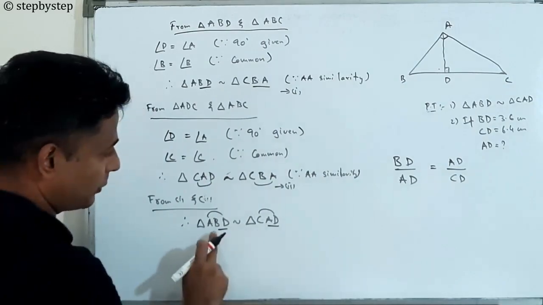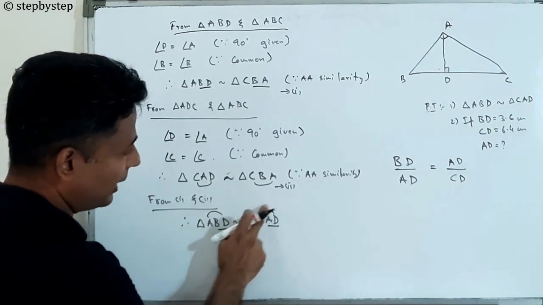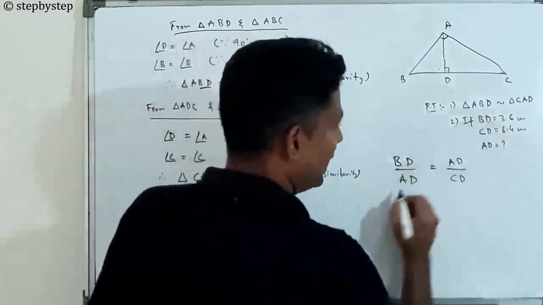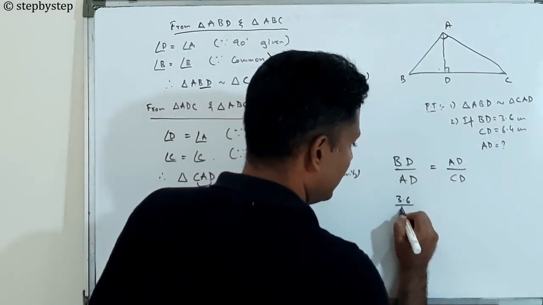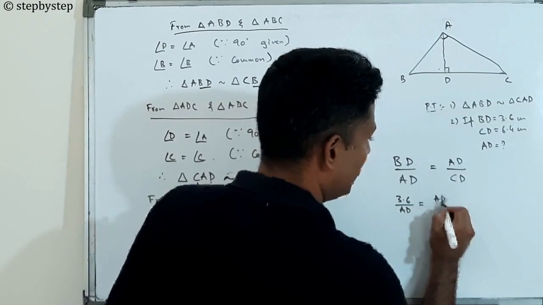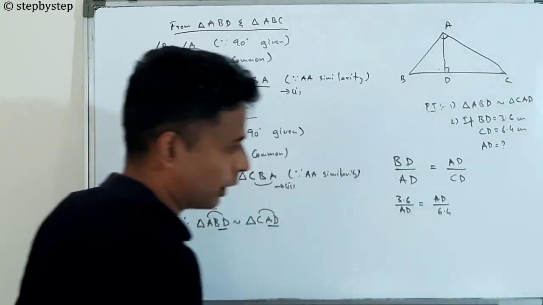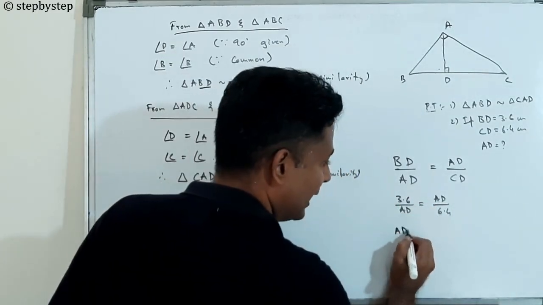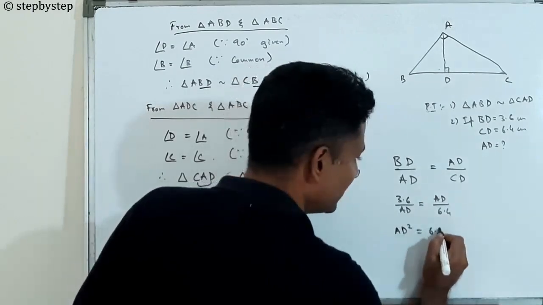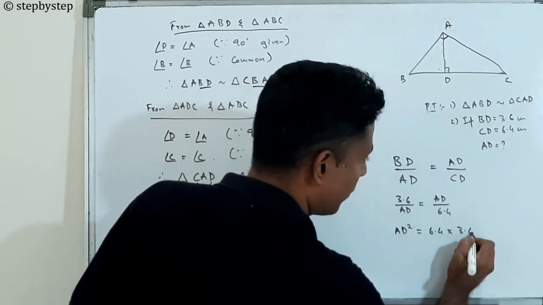So ratio of corresponding parts. So AD by CD. Now they have given BD is 3.6 by AD equal to AD by 6.4. Transposing, what do I get? I get AD square is equal to 6.4 into 3.6.